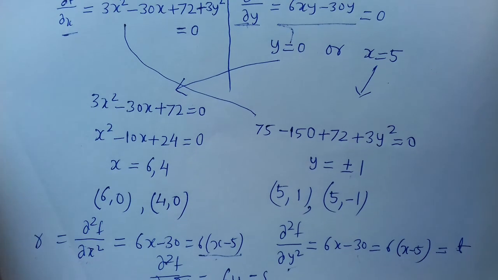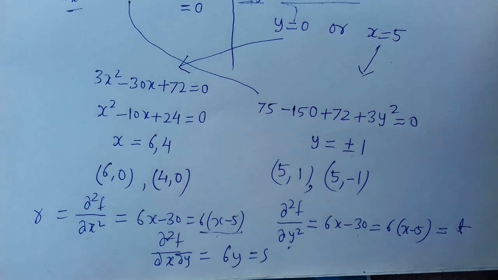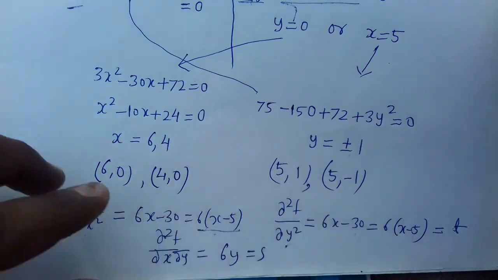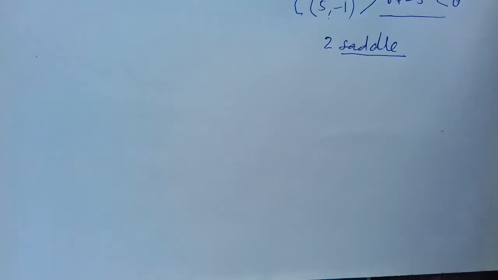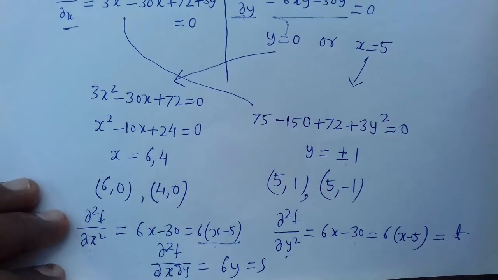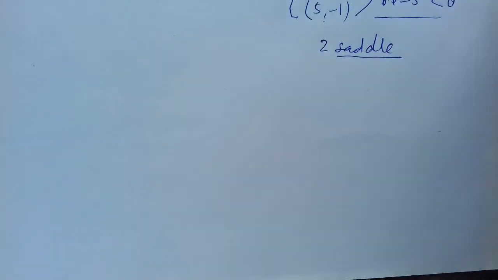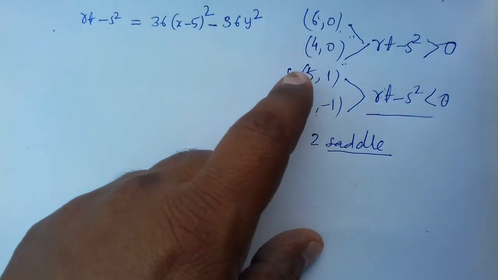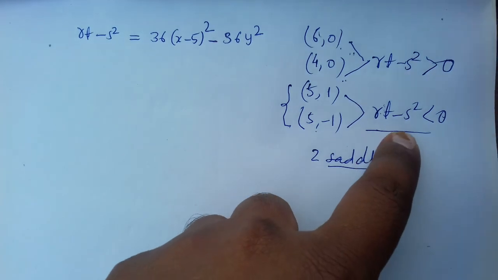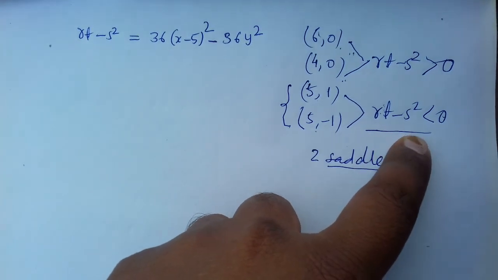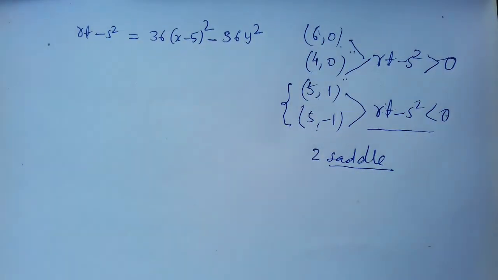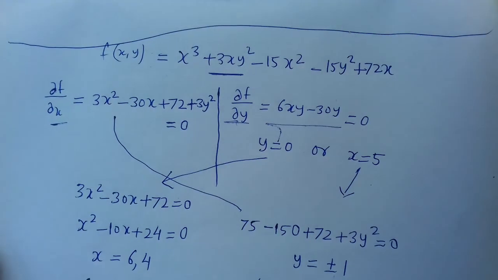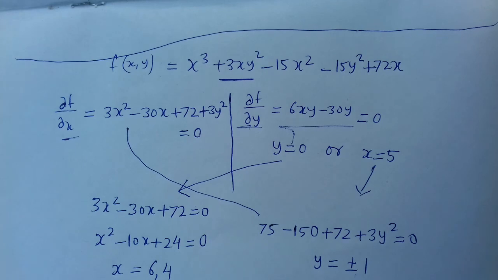And same thing we got here: critical points 4, these 4 points, and saddle points 2, because for these two points rt minus s square is less than 0, so 2 saddle points, and 1 point each for maximum and minimum. So the correct option of the question in video number 39 is A.